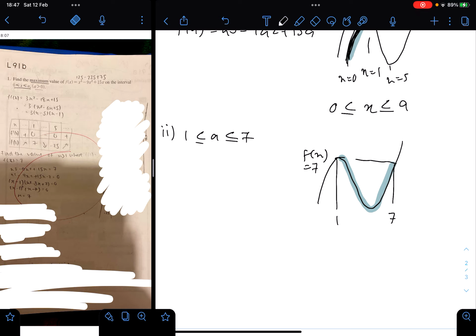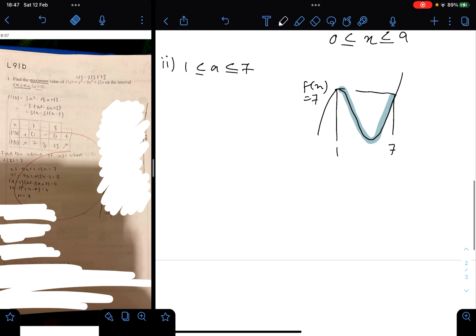And that is because at x equals 7, we discovered that f of x equals 7. So we get the same local maximum value over here. And that's why it's its own section. So when it's in between these values, the maximum point obviously is just over here. So it's at f of 1.